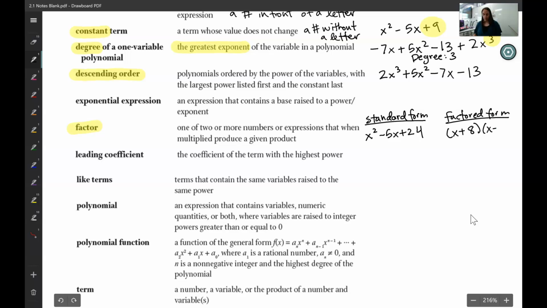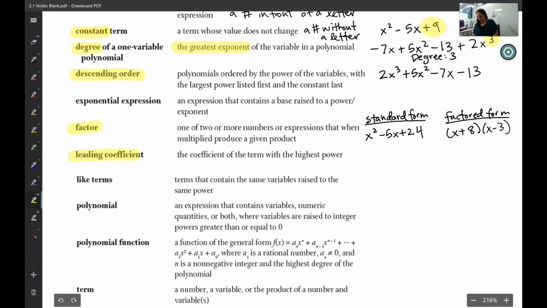If you don't remember how to factor, don't worry. We'll cover that the next 2 days of class. We'll do lots of factoring. When we factor it out, that gives us factored form. Now, each form has its benefits. In standard form, it's really easy to find the degree, like we did here. So this would be a degree 2 polynomial. In factored form, you can't find the degree. It needs to be in standard form. And then we'll talk about in 2.4 one of the benefits of writing it in factored form. So those are our 2 different forms that we talk about.